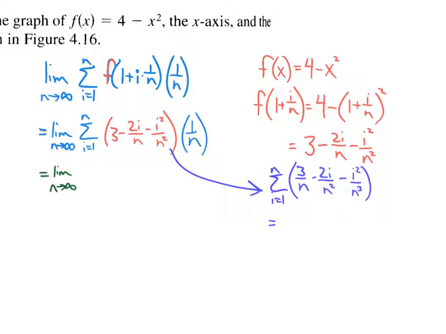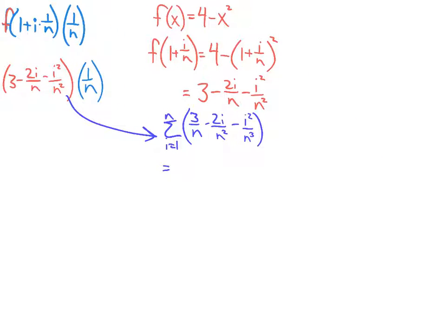Now, using what we did before, I'm going to split this up into 3 separate sums, and I'm also going to pull out the constants.